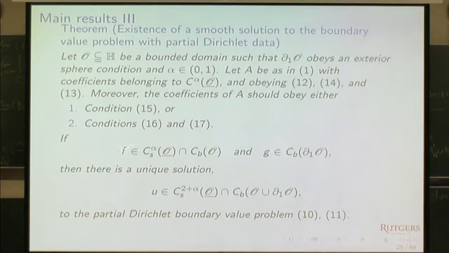If you're given a source function which is in this nice Hölder space and bounded, and bounded Dirichlet data, then there's a unique solution in this space. And we should pay attention to what we say about the regularity of the solution and what we don't.